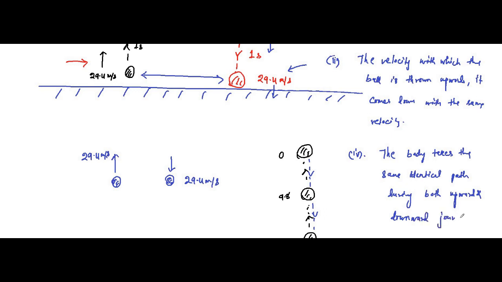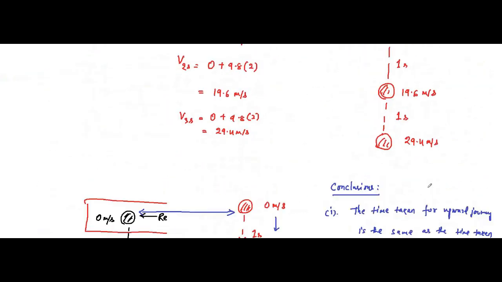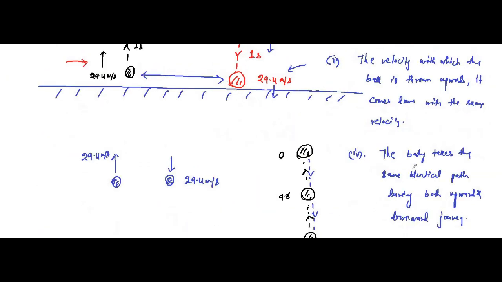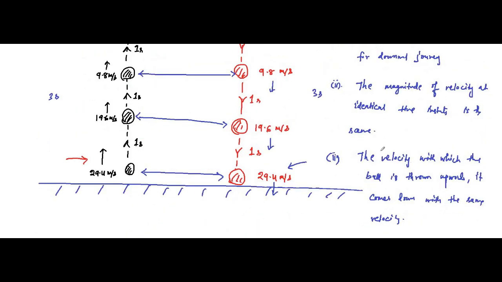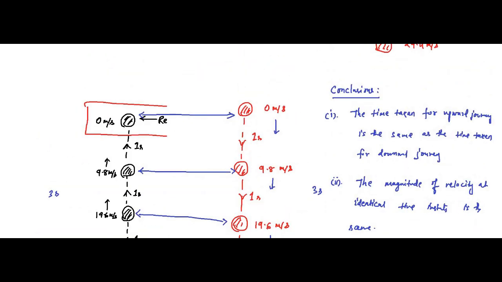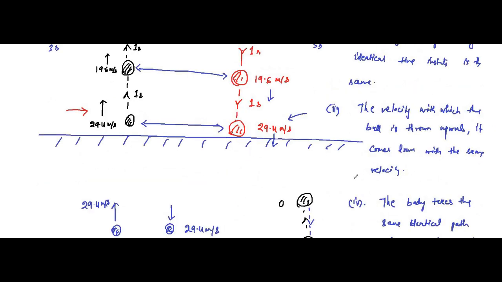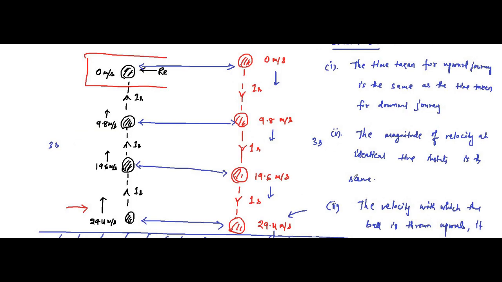Okay, this is the fourth conclusion. So these are the four important conclusions which we will be using when we are solving questions related to motion under gravity. This is a very good question to understand the important points related to motion under gravity.